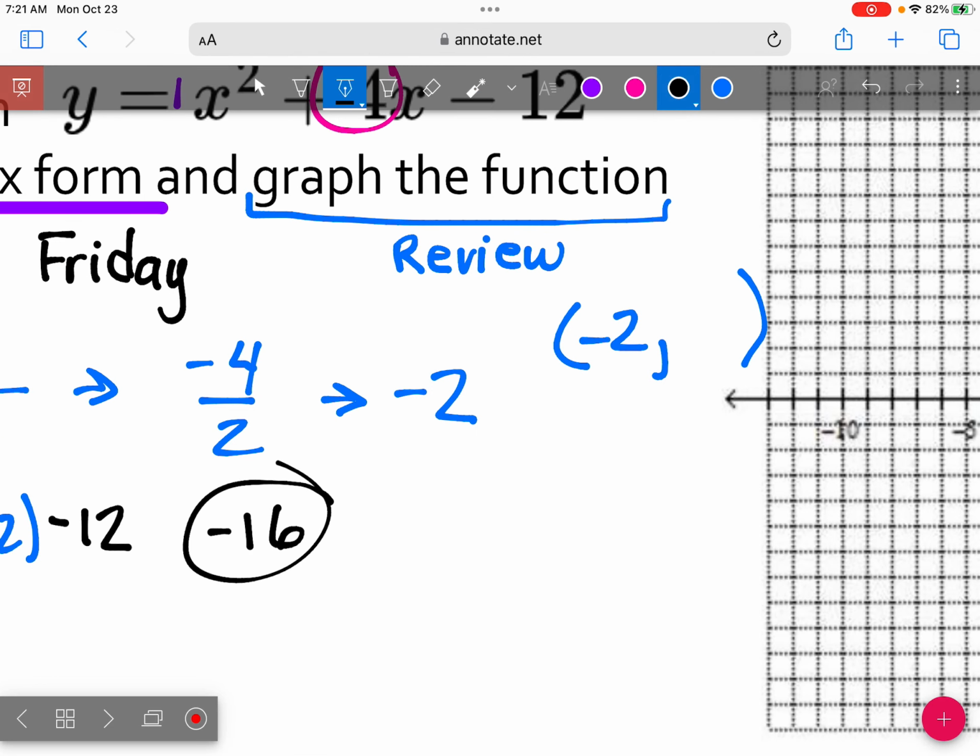Most of these don't fit on my graph. Negative 4 has a negative 12. Negative 14, so it's going to be somewhere here and like that. Should look something like that.